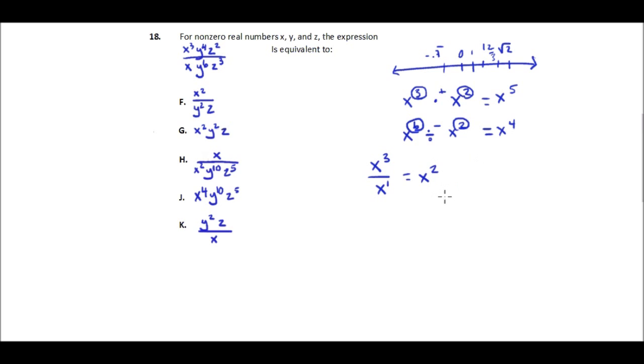So hopefully that makes sense, but then what if you have the middle term there, y, and you have y to the fourth divided by y to the sixth. What are you supposed to do? Are you supposed to subtract 4 from 6, 6 from 4? Is it supposed to be y squared or y to the negative 2, or what is it supposed to be, right?